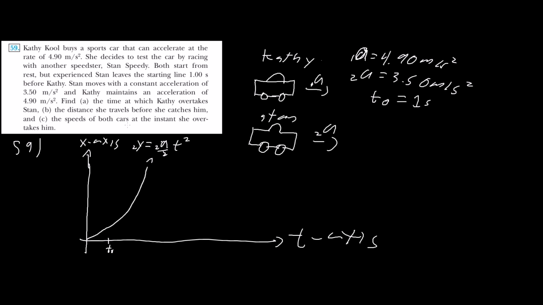So the question is asking for the time interval in which Kathy overtakes Stan. Kathy's equation is going to be a1, the acceleration of Kathy, times the time after t naught, squared. So those are your two equations there.